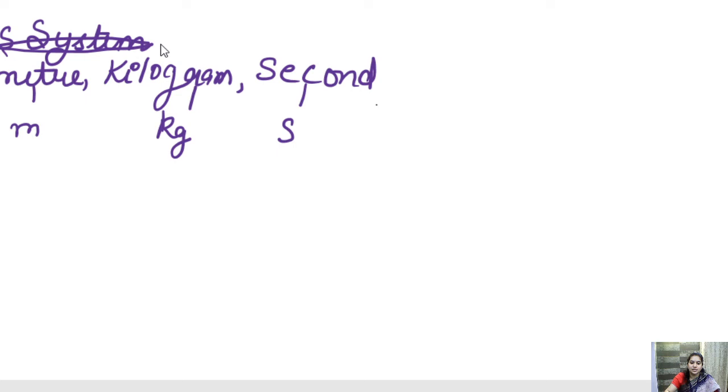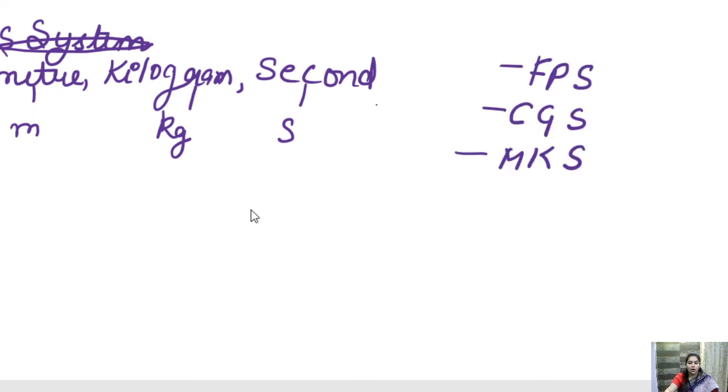So apart from measuring things in meter, kilogram and second, we can also measure in FPS and CGS. Children, it is important that these are the SI units, which are universal all over the world. That is why it is called SI system or SI unit. Getting my point? So this is important, children.